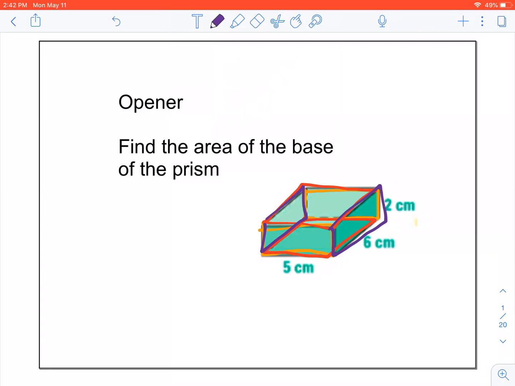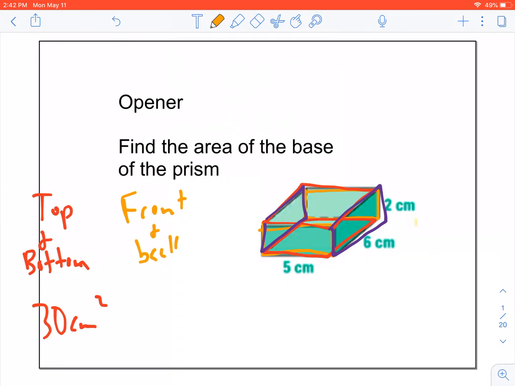If I look at the top and bottom, you're looking at those two rectangles that are 5 by 6. So the top and bottom would each be 30 centimeters squared. If you were looking at the front and the back instead, you were looking at the two rectangles that are 5 by 2. So front and back, we're looking at 10 centimeters squared apiece.